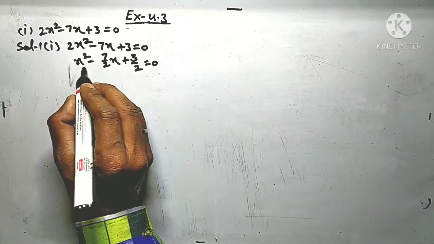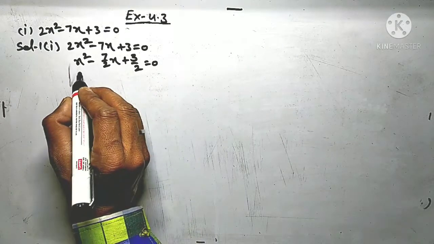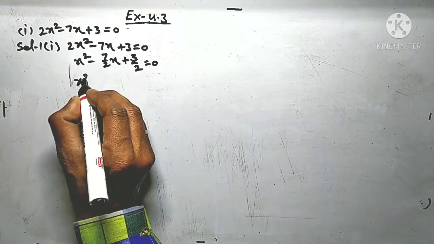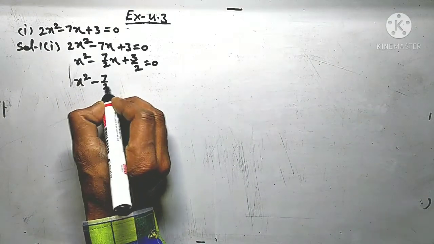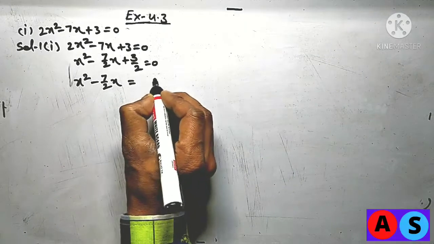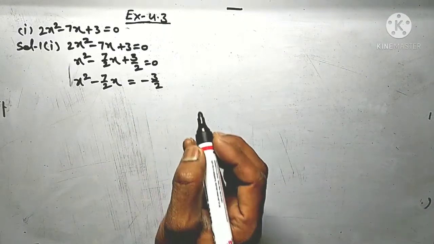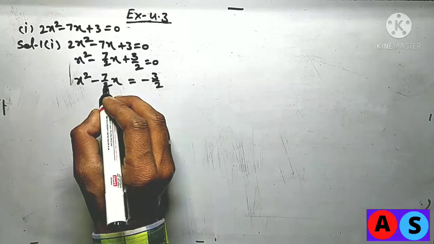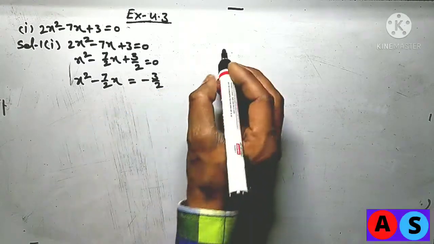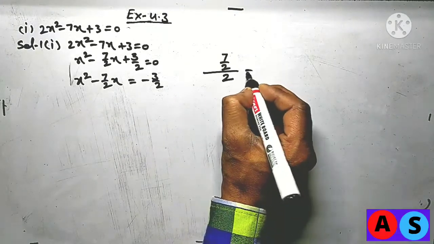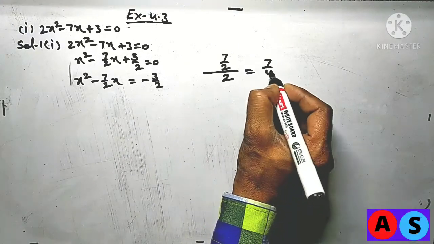Now we take all the terms having x on the left side and the remaining terms on the right side. So x square minus 7 over 2 x is equal to minus 3 over 2. Now we take the coefficient of x as positive 7 over 2 and divide it by 2, it will give 7 over 4.